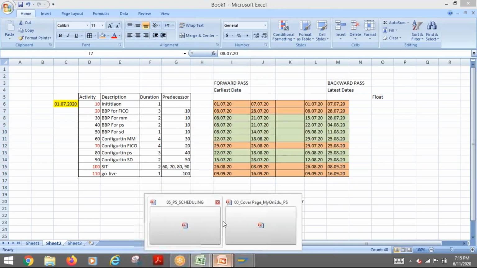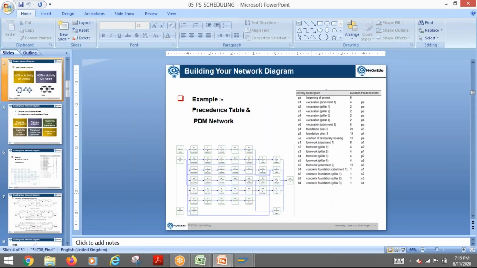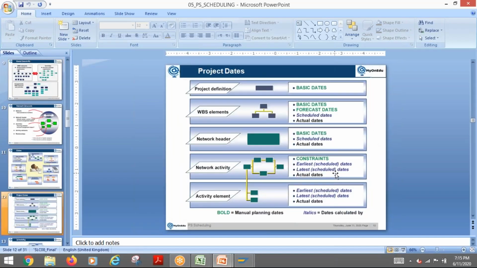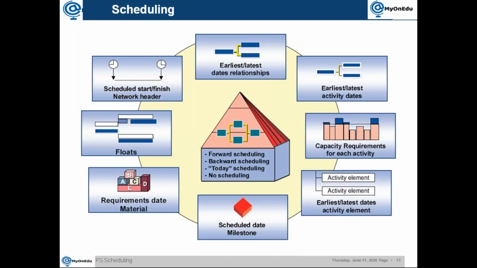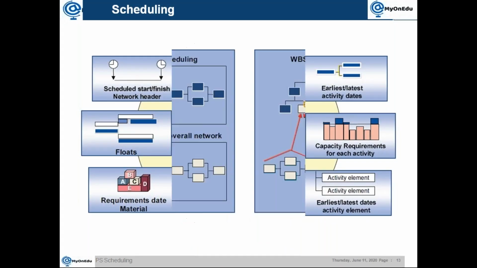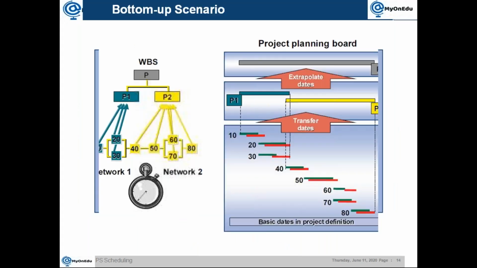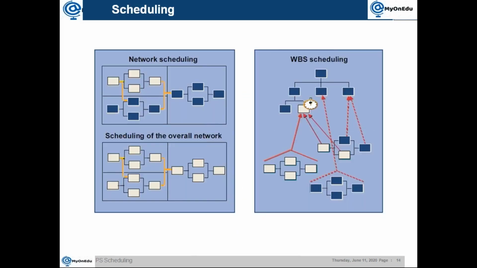Now let us go back to the dates and scheduling. Now we have different scheduling methods, network scheduling, WBS scheduling, and all those things. So there are different scenarios. Okay, one more thing I just want to say.